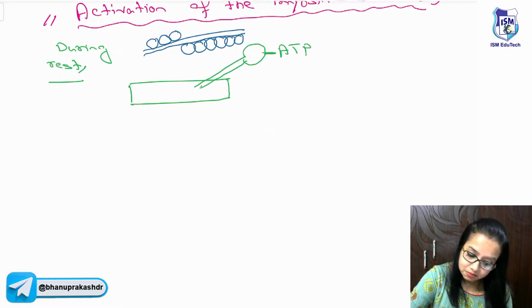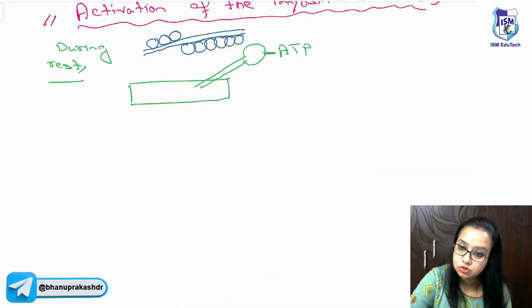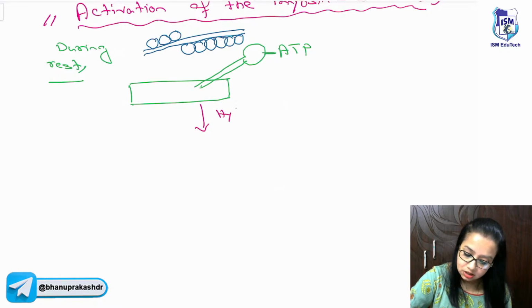This ATP that is bound to the myosin molecule will undergo hydrolysis of ATP by the ATPase.